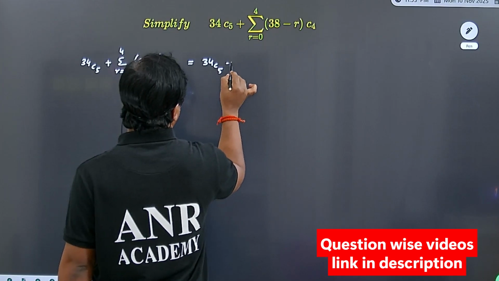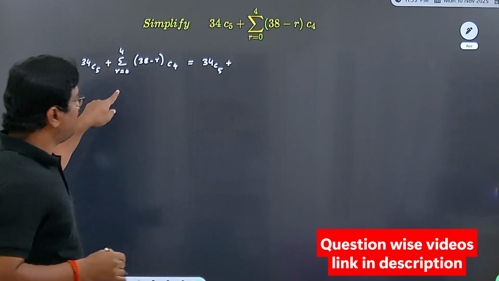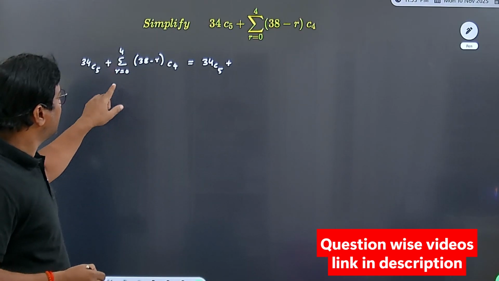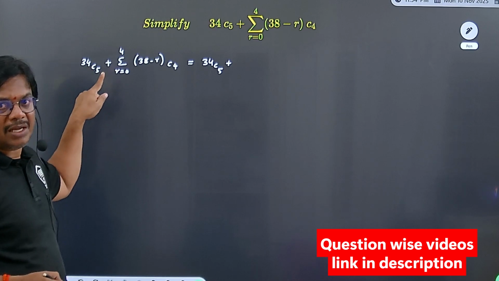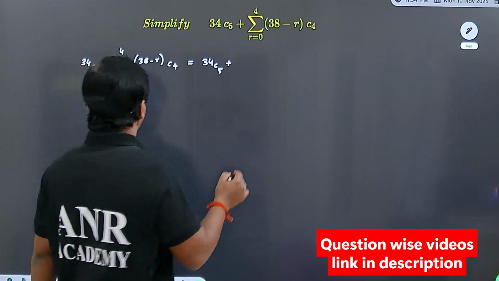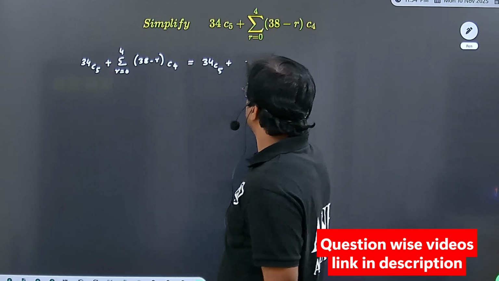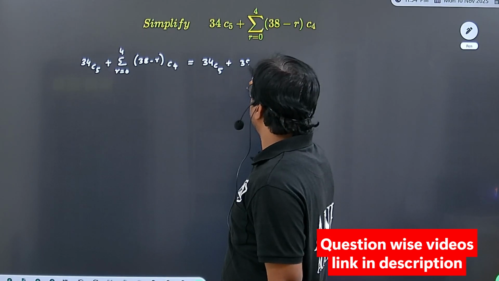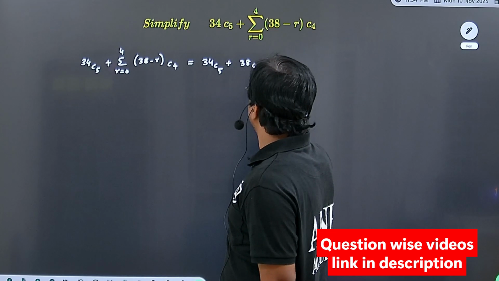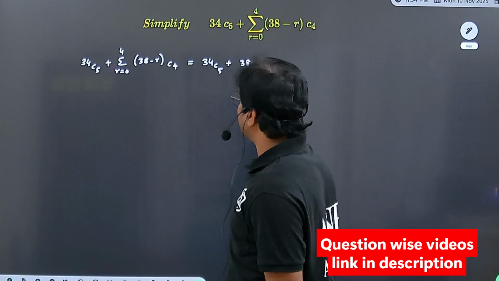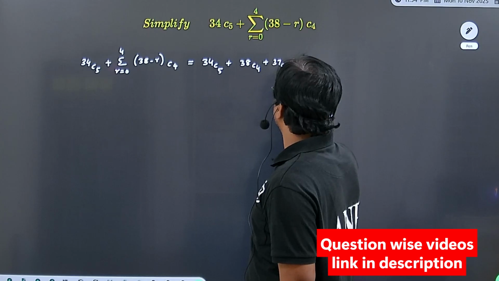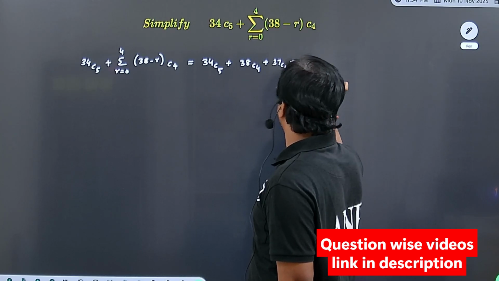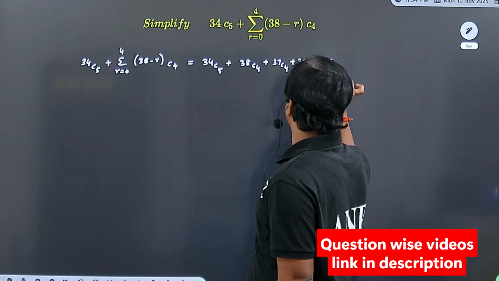34C5 plus, here, the sum of terms by writing r value 0, 1, 2, 3, 4 you will get. First, if I write r value 0, that is 38C4. Next, plus, if you write r value 1, 38 minus 1, that is 37C4. Next, what we get? 36C4 and then 35C4.